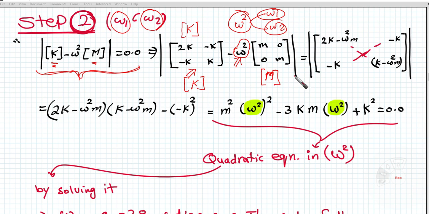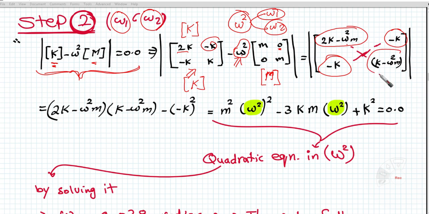Then we're going to provide the determinant. The first item here is going to be 2k minus omega squared m, and this element is going to be minus k, and this element here is going to be minus k as well, because omega squared is multiplied by 0.